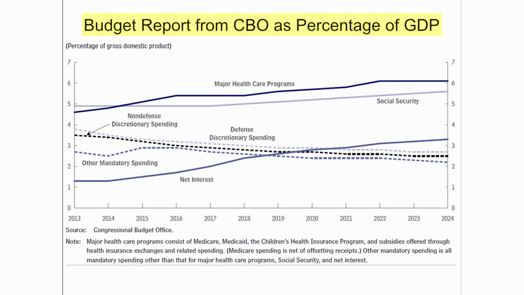Now, that's not a phrase that you hear every day, but let's look at the lines. They show spending on major healthcare programs as the highest percentage, then Social Security, then non-defense discretionary spending, and defense discretionary spending. Finally, it shows net interest at the bottom. Follow the lines. Which ones are going up?